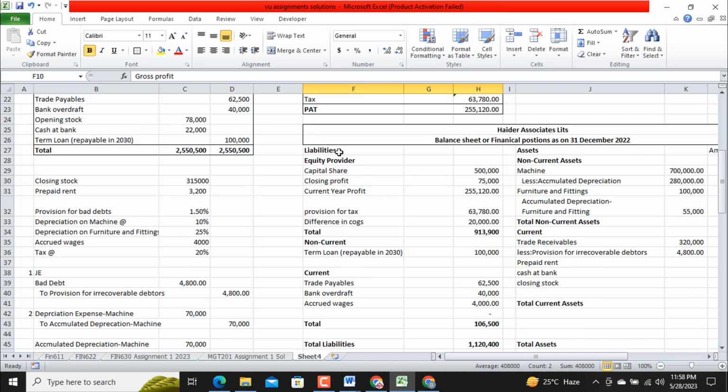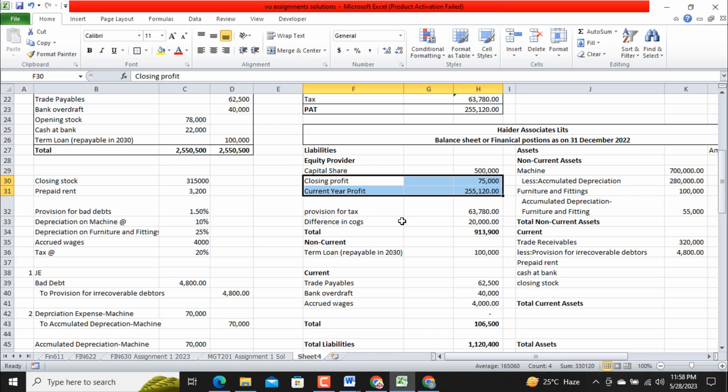First we will take liabilities, equity, the providers of equity funds. So share capital 500,000. Here the opening profit has been given, so you can add both of them and turn them into another similar account, retained earnings. Either you can write like this, or you can convert into the retained earnings account by adding them.